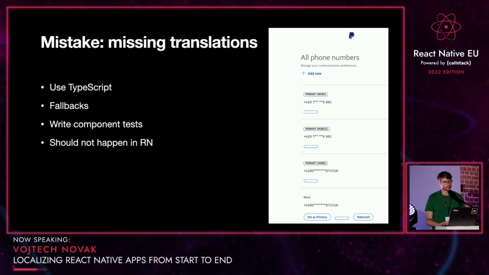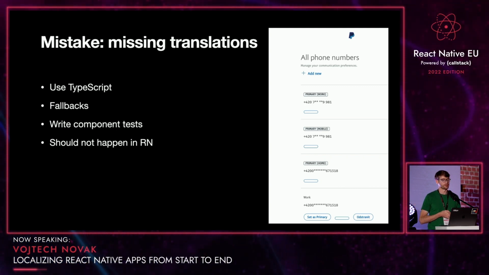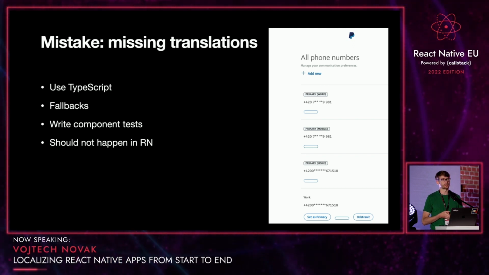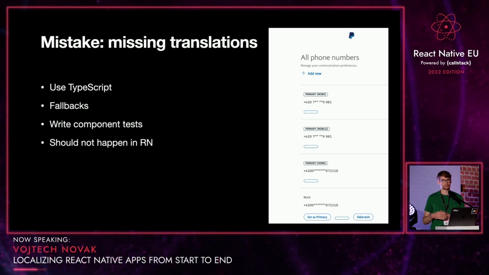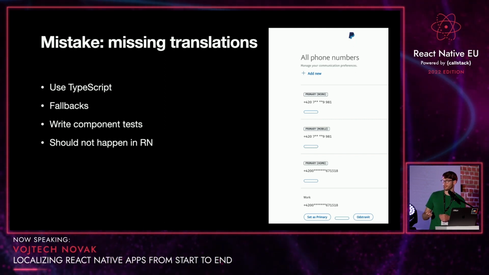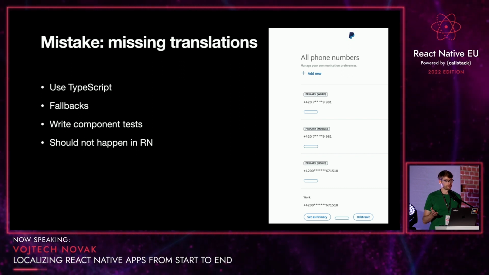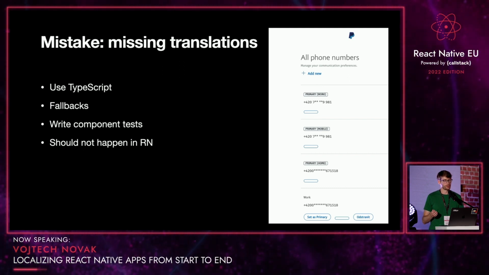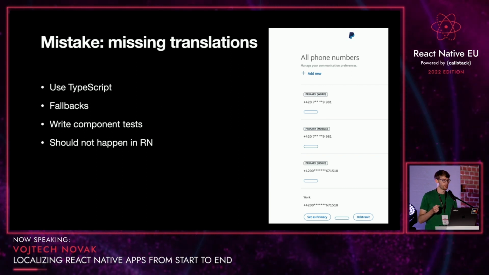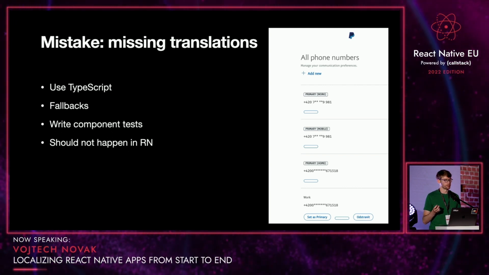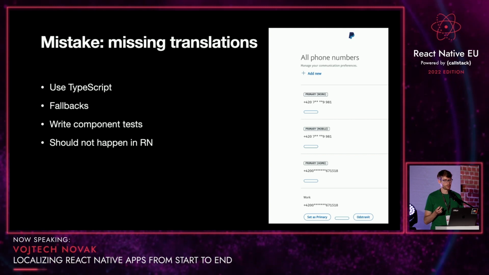So the next mistake is missing translations. I don't know how this happened. This was a screenshot from a website, but for example, i18next has TypeScript support, so it can flag if you're trying to reference missing keys. There are always fallbacks, so you can fall back maybe to the translation key, like we saw in the Visual Studio Code website. If you're working with some complex translations, you can always write component tests.